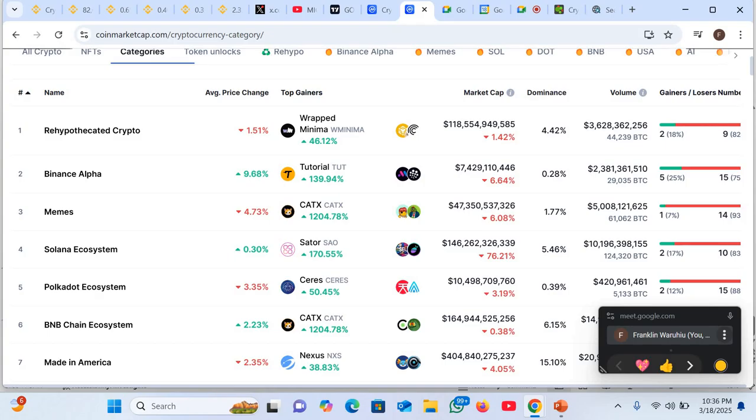The price of Luna went close to zero, and other cryptocurrencies were also affected. That is very important. What is good for Bitcoin is good for other cryptocurrencies, and what is bad for Bitcoin is bad for other cryptocurrencies. What is bad for other cryptocurrencies is also bad for Bitcoin. Understand that, and your crypto trading journey will be very smooth.